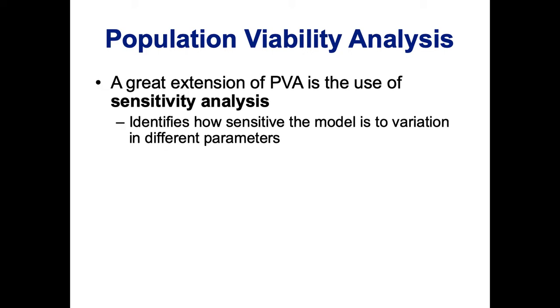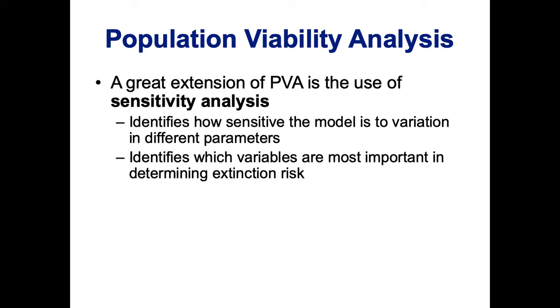And parameters are those things we put into the model. So the survival rate, the reproduction rate, the probability of a catastrophe. These different kinds of parameters go in there, and we want to know if one of those changes, which one would alter the model output the most.